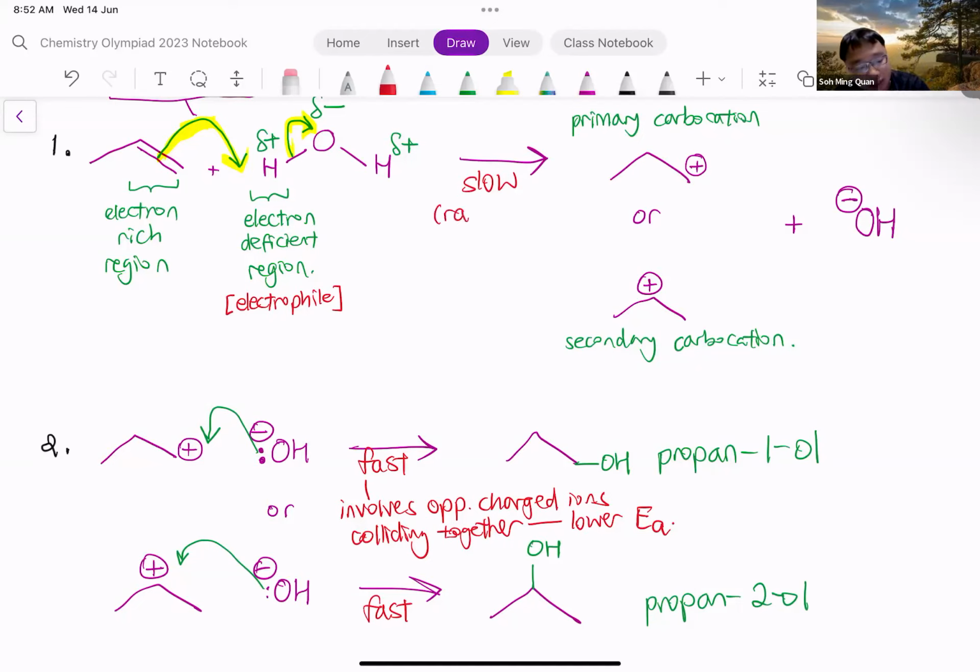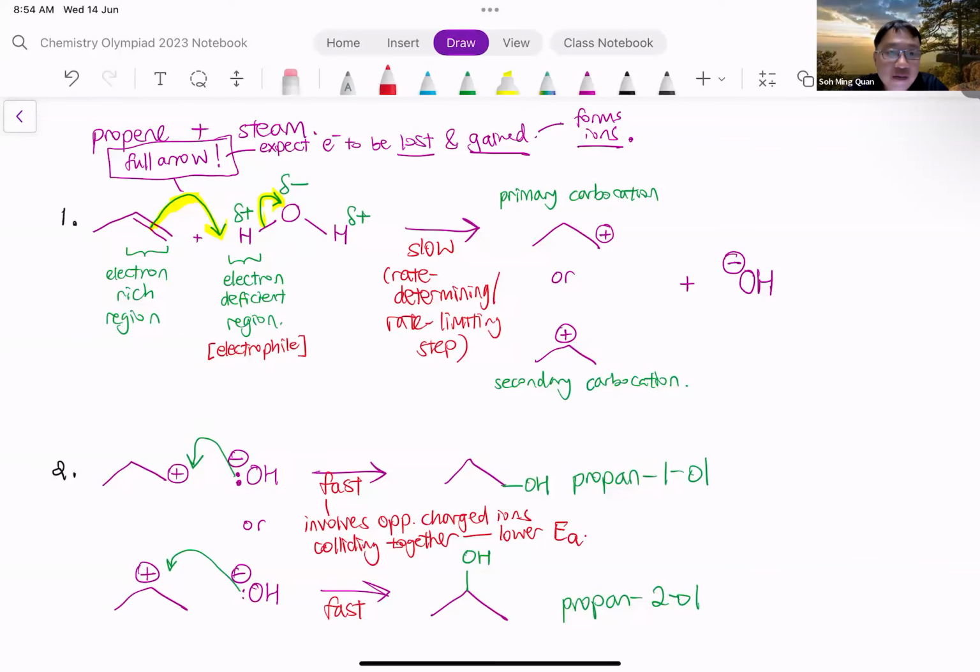So we say that the first step is the rate determining or the rate limiting step. The rate of the overall reaction is limited and determined by the slowest step in the mechanism. So the slowest step in this mechanism is the first step, which is the formation of the carbocation. So that will be called the rate determining or the rate limiting step.